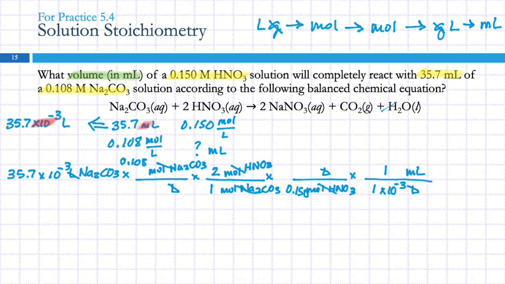Where you have 2 moles over 1 times, what's that supposed to be? On top of the 0.15 moles of nitric, that would be a 1. Again, I tried to write with the eraser. This would be a 1. I've never seen that symbol. Oh, it looks like a triangle.